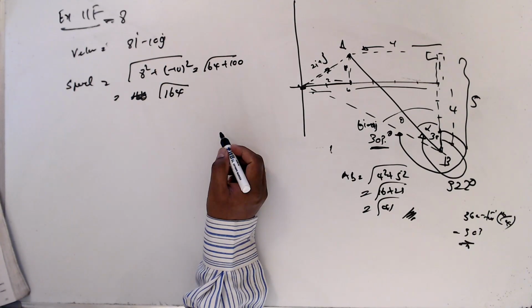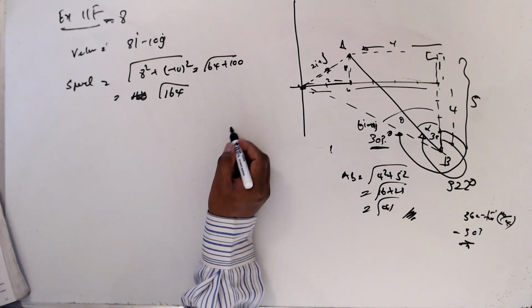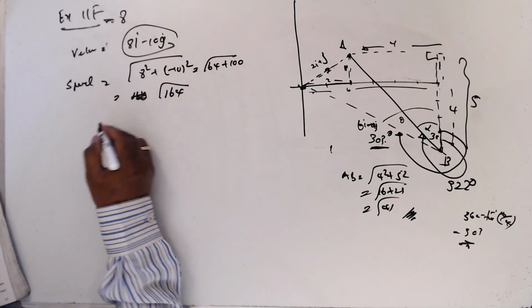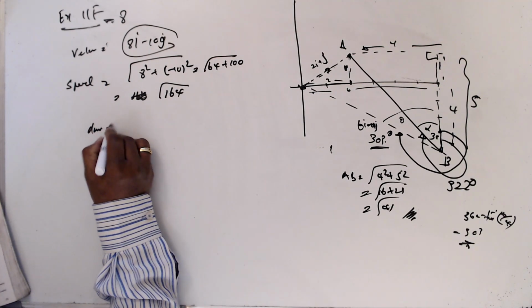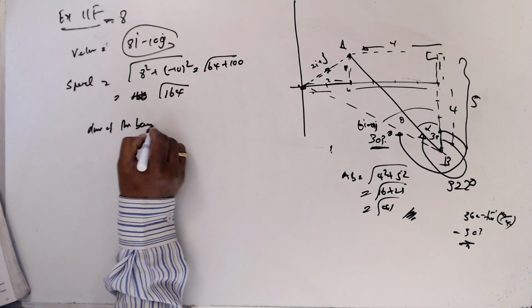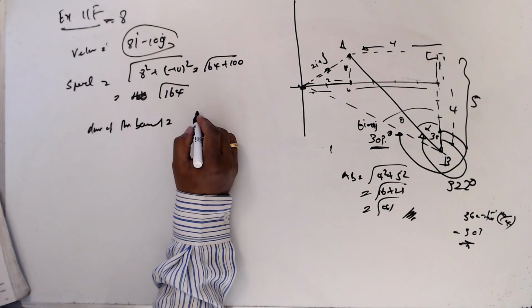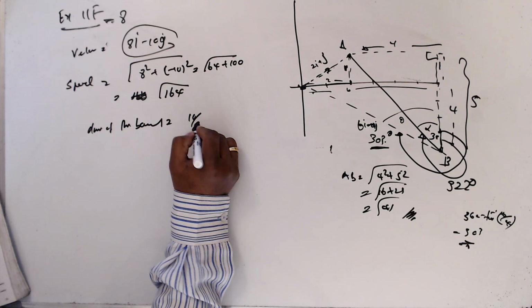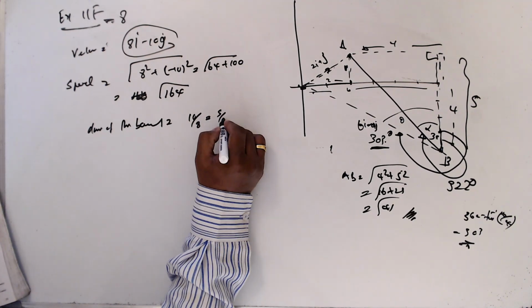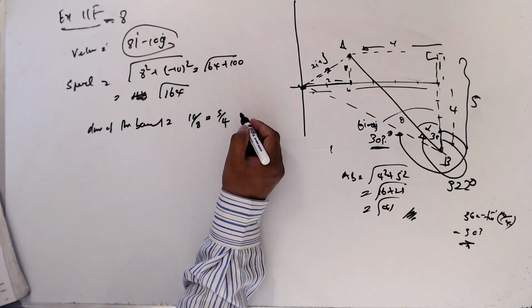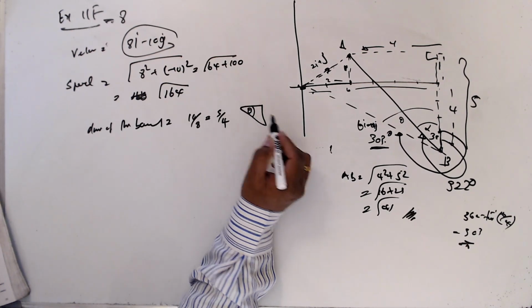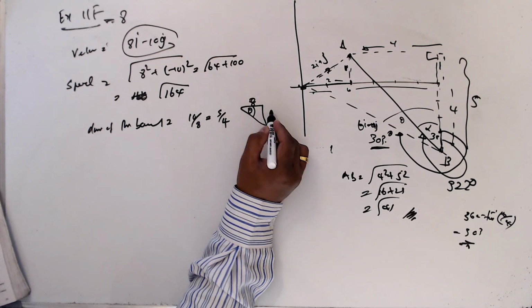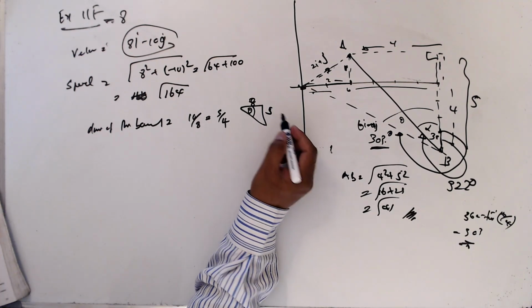So now what is the angle? The direction of the boat is 10 divided by 8, this is 5 over 4. To this direction theta, this is 8 and this is 10.